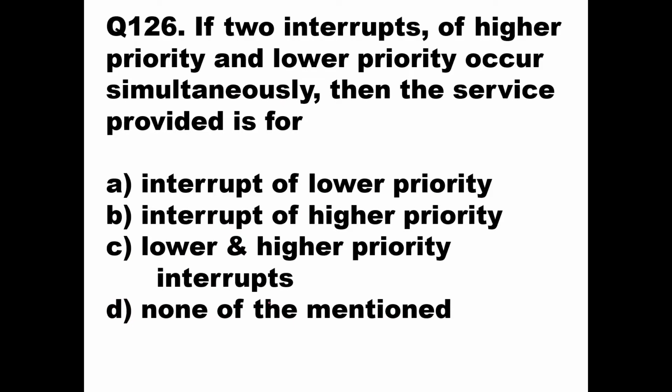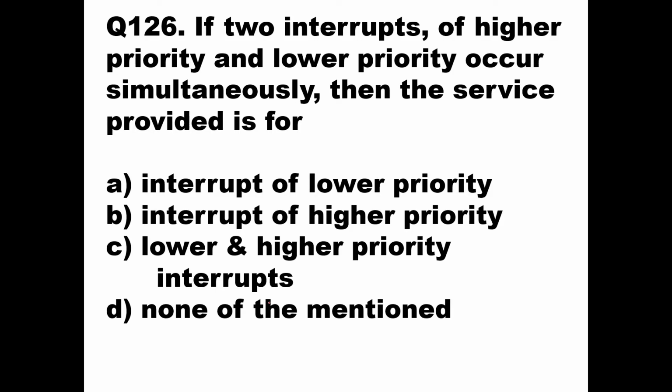If two interrupts of higher priority and lower priority occur simultaneously, then the service is provided for whom? Obviously we have priorities in interrupts, and once the priority is declared, the interrupt with higher priority will be entertained first, and then the interrupt with lower priority.